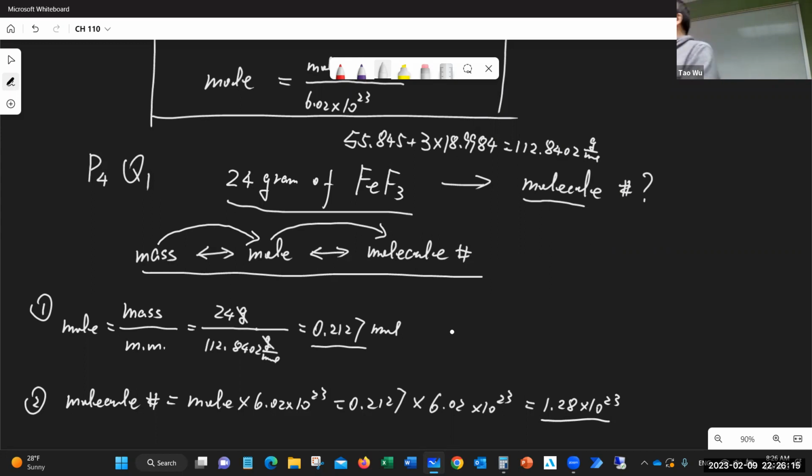This one has only 2 sig figs, so the answer you're going to keep is 2 sig figs. So the answer is not 1.28. Instead, it's 1.3 times 10 to the 23rd. Okay, so this is how we count.